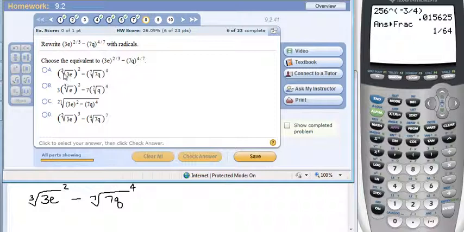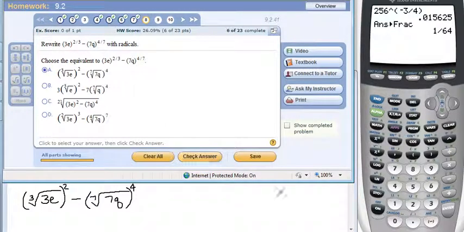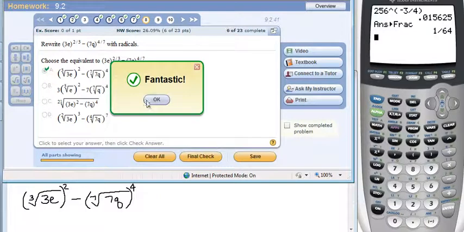Right there. Cube root of 3e raised to the 2nd power. We got it on the outside. Minus the 7th root of 7q raised to the 4th power. So whether I have these things in parentheses or not doesn't really matter. That's also the same as what I had. So we'll choose answer A. Fantastic.